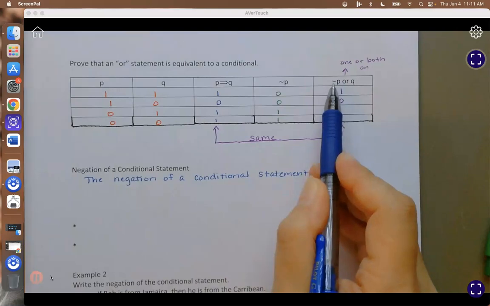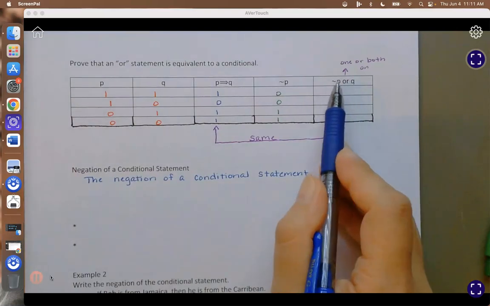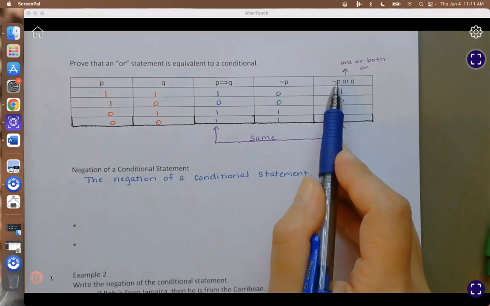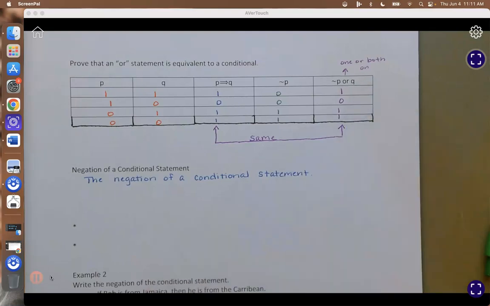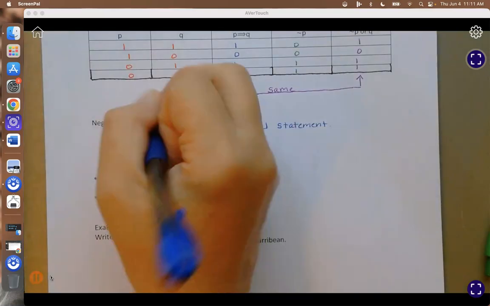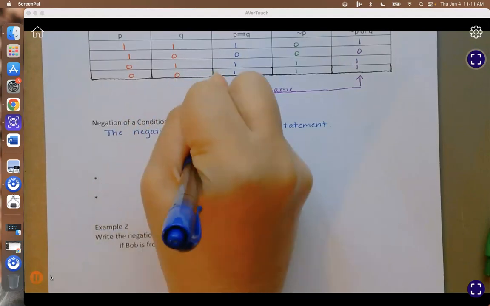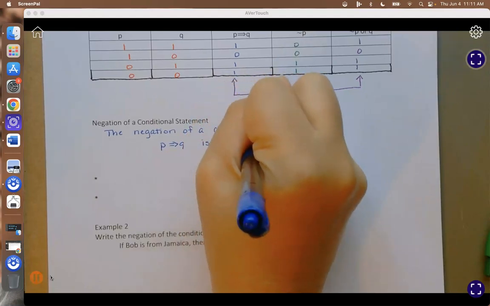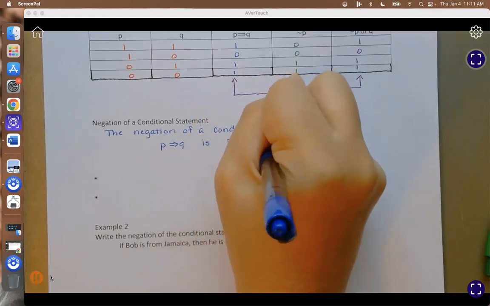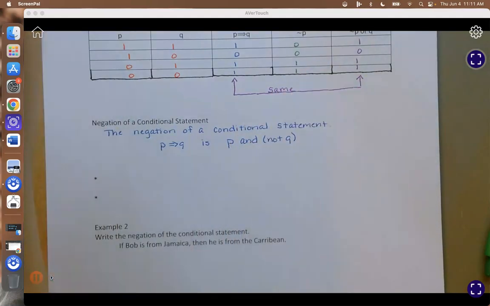So if we're looking here and we see that it's not P or Q, how would we negate this? So it would be P and not Q. Okay? So the negation of the statement is P and not Q. Okay, this is really important.